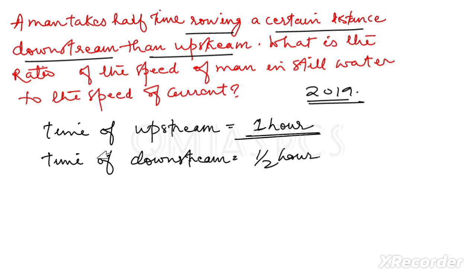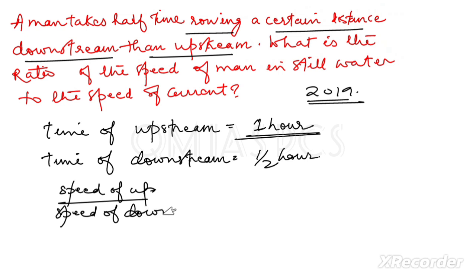Right, now if I say speed of upstream divided by speed of downstream, it will be what? First we write time for down is half and time for up is 1, so it will be 1 by 2. Is it clear? Speed of up divided by speed of down is 1 by 2.